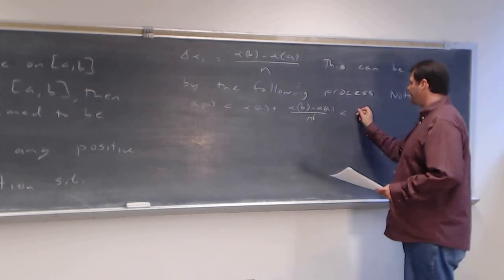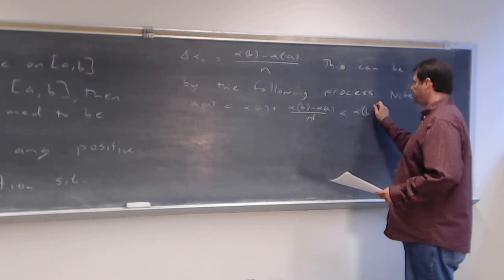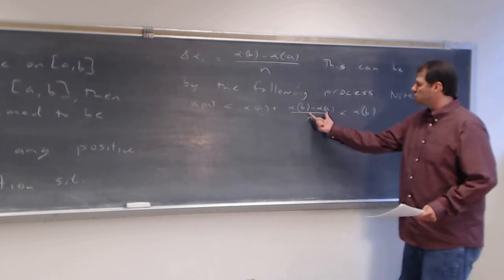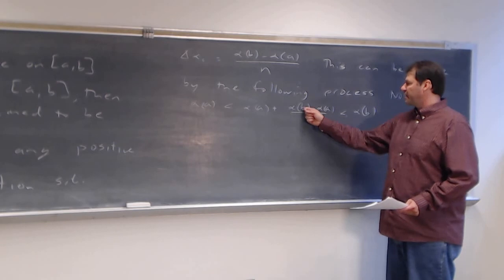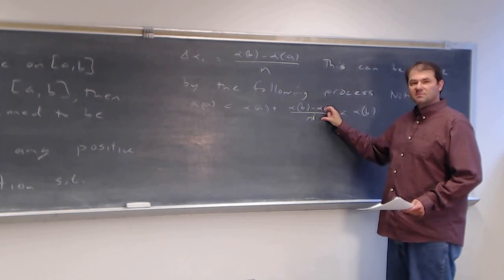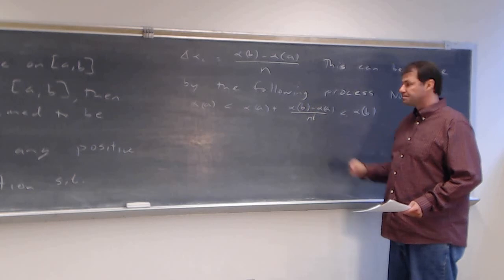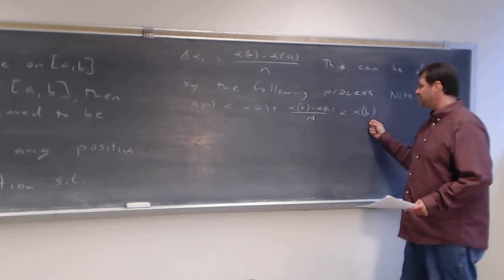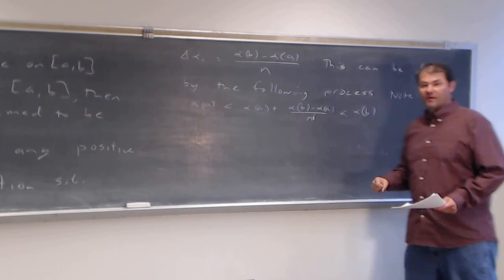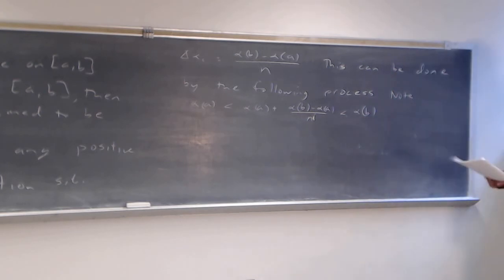But this is going to be less than alpha of b. So what we think of as this quantity is really the distance between alpha of b and alpha of a, divided by n. So to get from alpha of a to alpha of b, you really have to add up this distance n times to alpha of a. It's definitely less than alpha of b.